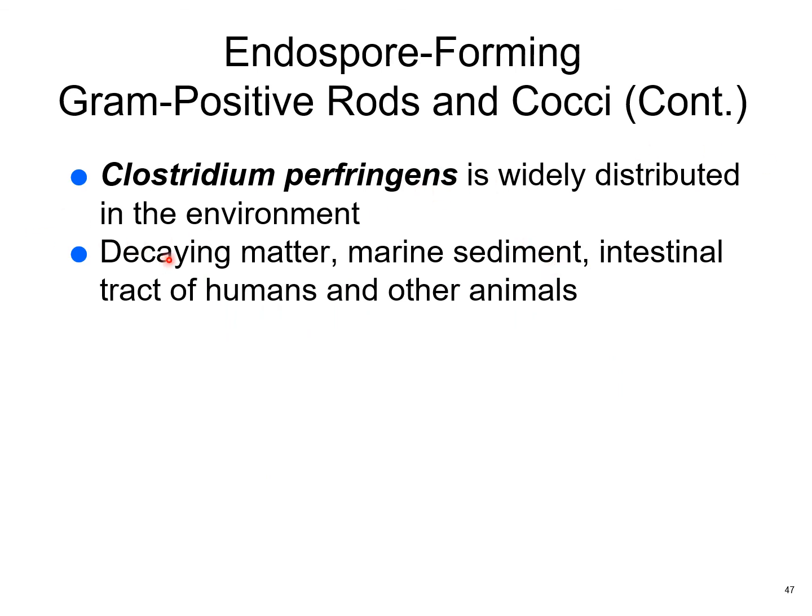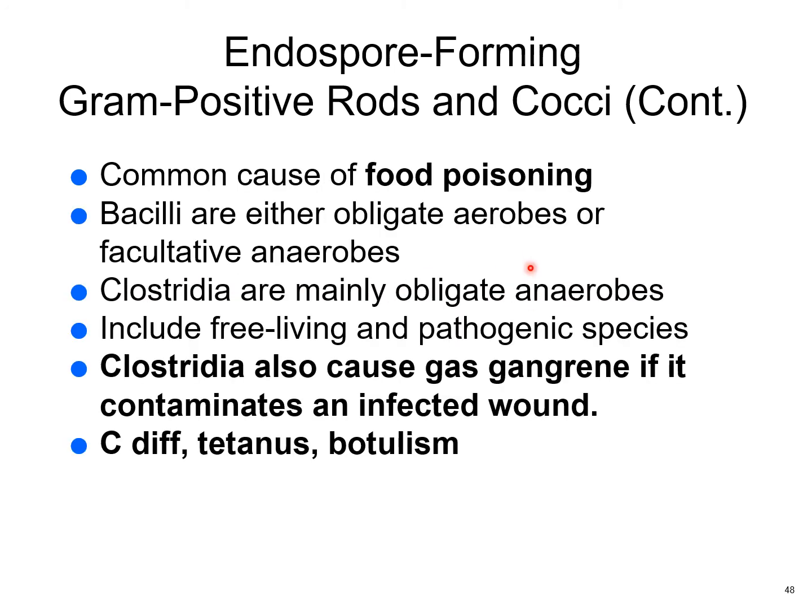Endospore-forming gram-positive rods and cocci continued. Clostridium perfringens, widely distributed in the environment. Any kind of decaying matter in the guts of animals, plants. Now, a common cause of food poisoning, and most books just stop there, and it just kind of flips me out because they also cause gas gangrene.